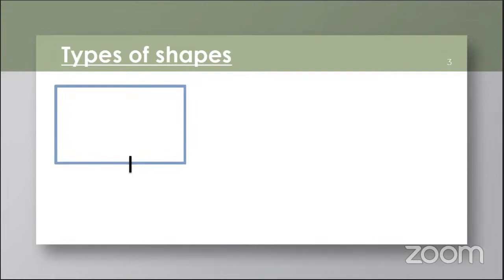Because the rectangle is long. The rectangle is a long shape. Okay. Thank you. That's what I hear from Joanita.